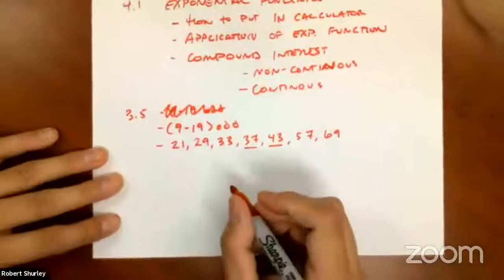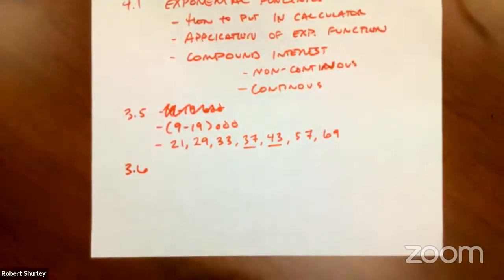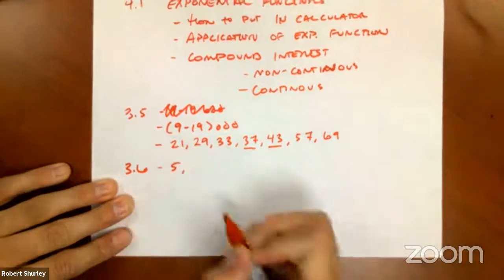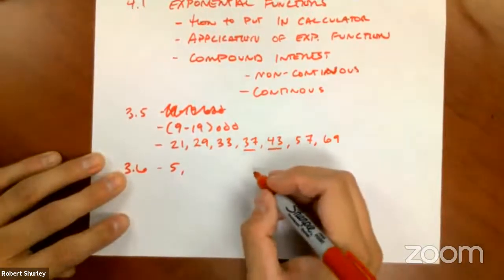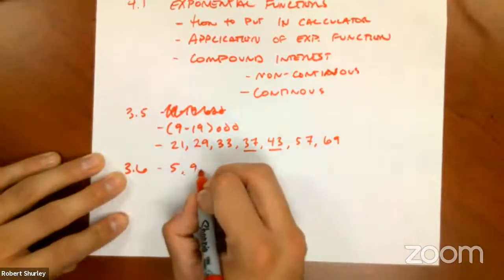Okay, so let's go back to 3.6 now. If I was going to choose a few examples from your homework in 3.6 to look at, I would do number 5. I'm going to choose some odd ones so you have the answers. Number 5, 9, and 13.